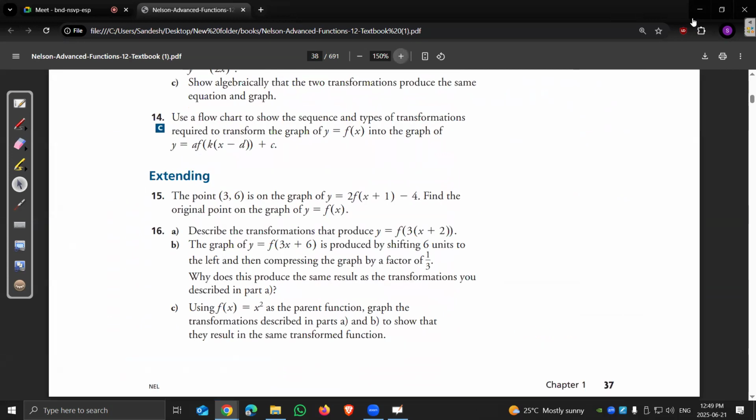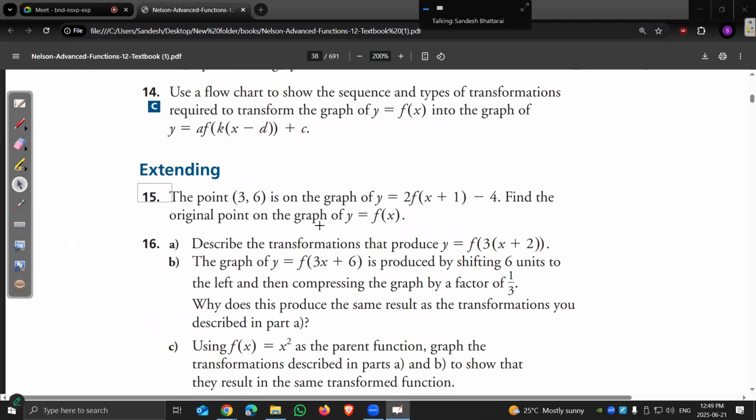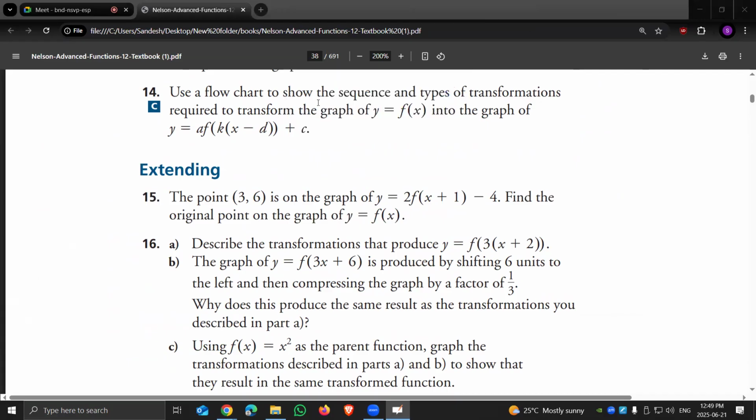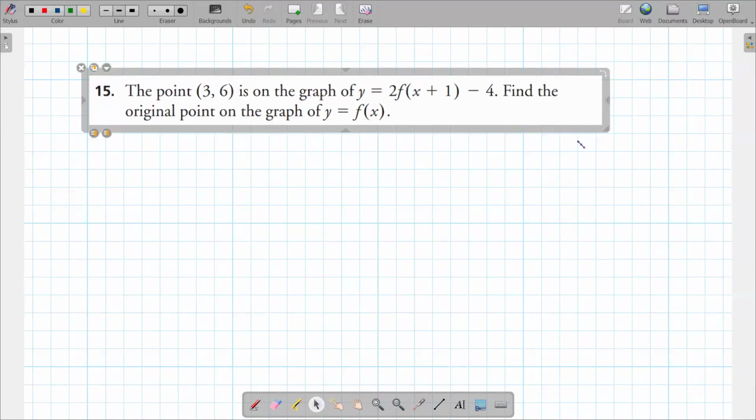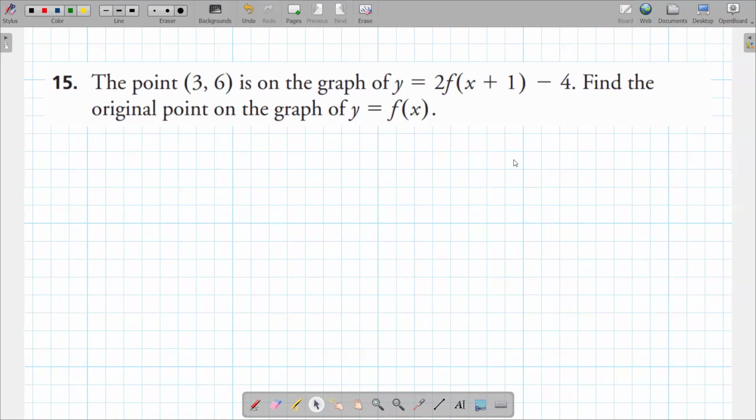Okay, here's another question. This one doesn't require a sketch. We have a function on the graph of this one. So we have a point, we have a transform point. The question is asking us what were the original points.